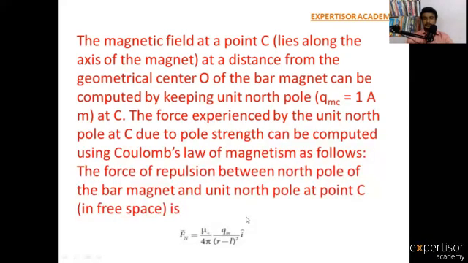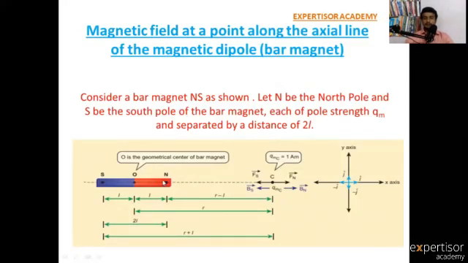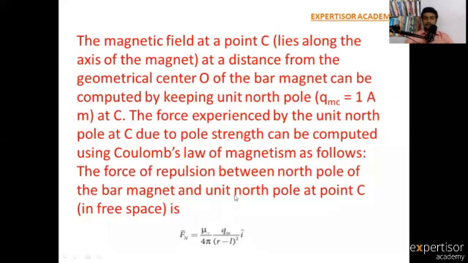Here the distance between the north pole and point C is r minus L, so in place of r squared we write r minus L whole squared.